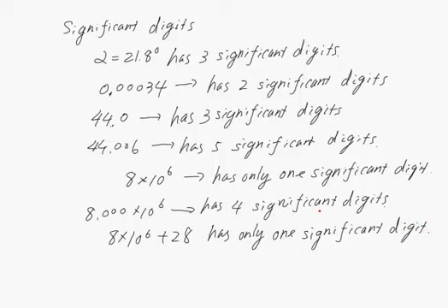The accuracy of the result goes with the least accurate measurement, with the accuracy of this 8 times 10 to the 6. So this has only one significant digit. Then the sum of these two also has only one significant digit, although the summand 28 has two significant digits.